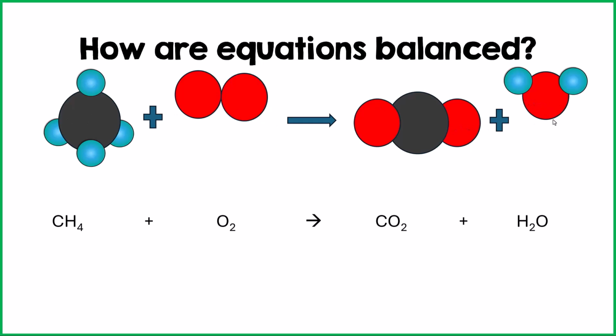But we can't just add hydrogen atoms. We have to add them with the molecule that they are already in. They're already bonded to oxygen in this H2O molecule, so we have to add a whole other H2O molecule in order to balance these. Now we have 4 hydrogen atoms on this side and 4 on this side, and that's balanced. But we have 2 oxygen atoms on this side, and now we have 4 oxygen atoms on this side.